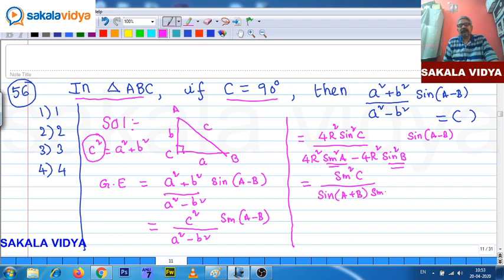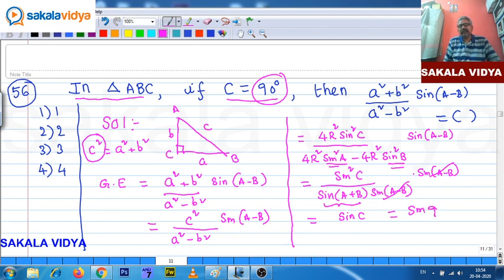This is a formula. And multiplied by, here we have sine of A minus B. So sine of A minus B, sine of A minus B gets cancelled. But sine of A plus B equals sine of (180 minus C), that is sine C. So here we get sine C. But C is equal to what is given here? 90 degrees. So that's equal to sine 90 degrees, which everybody knows is 1. Yes. So first option is the right option.